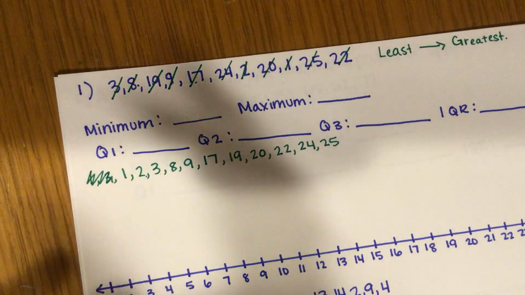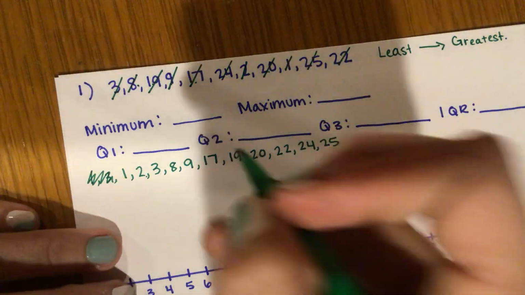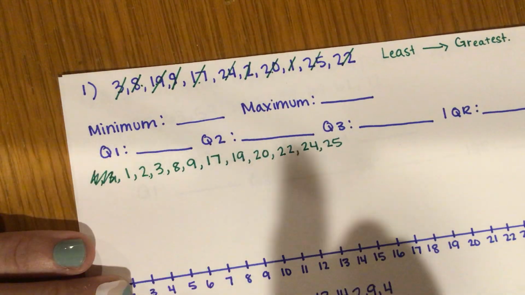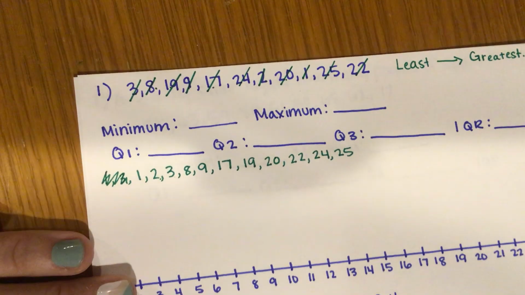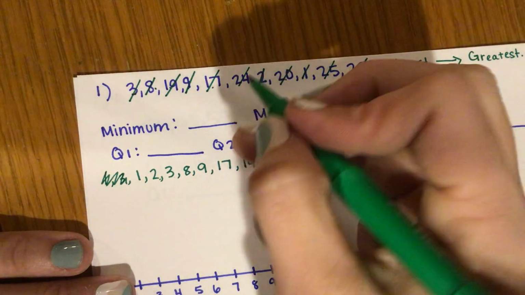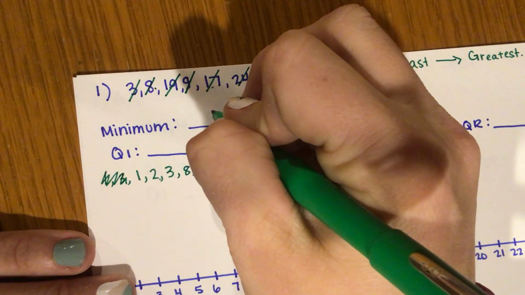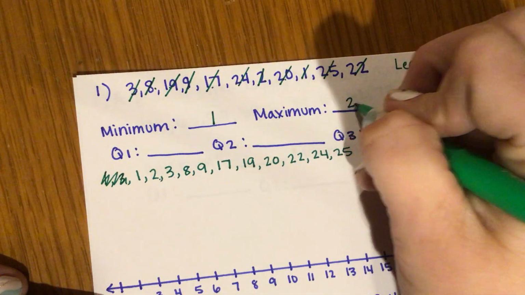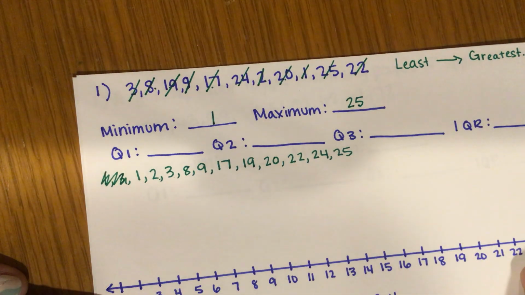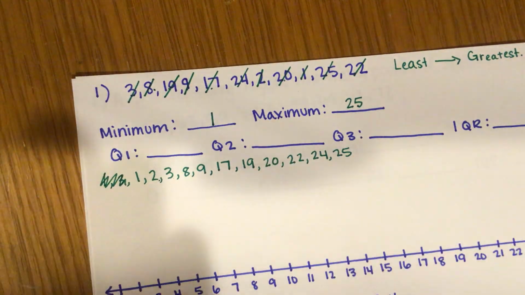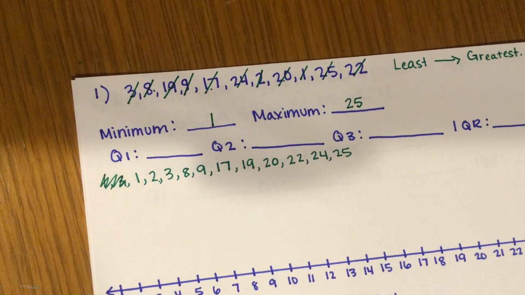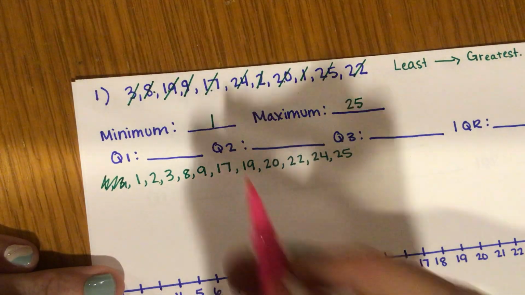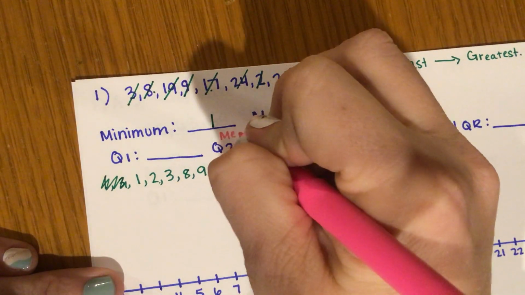Okay, as a reminder, when I'm doing this, I'm looking for 5 different values. So my first one is my minimum. This is my 1. It's my smallest value. My maximum is 25. Now, my next value that I am going to find is my Q2. This is also my median.